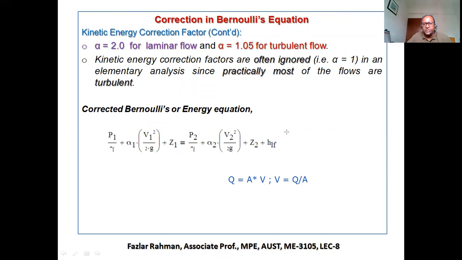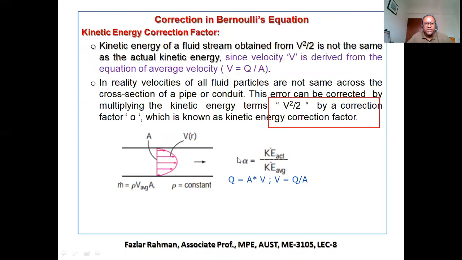As I will also explain later, if you look at the velocity profile in the fluid element, we are taking only one velocity, the average velocity. That means if I make a line over here, we are thinking all the fluid elements have the same velocity.